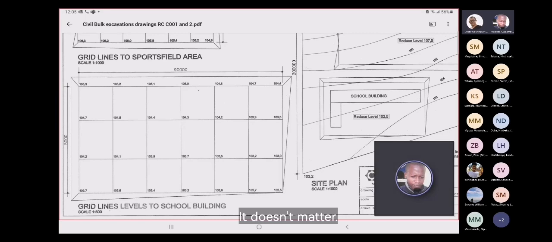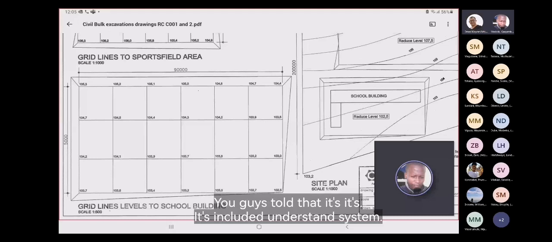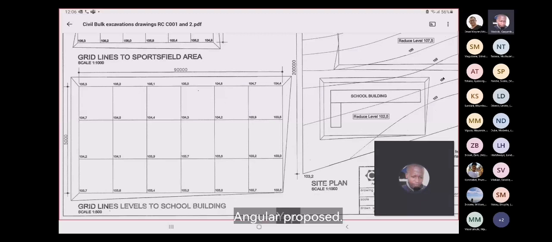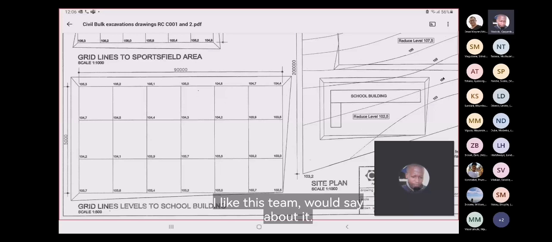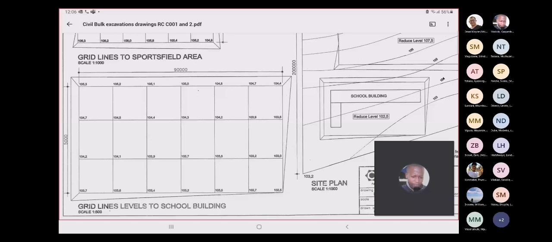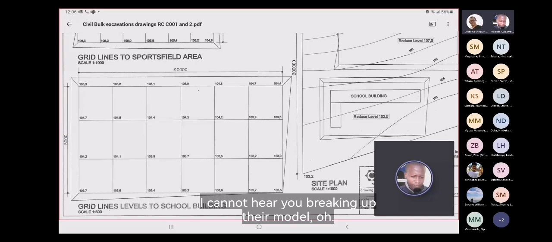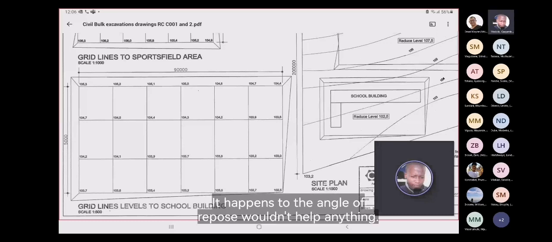Hello, sir. So in terms of the description, since you said the risk of collapse will be assumed to be included in the standard system, would the standard system say anything similar in reference to the angle of repose?